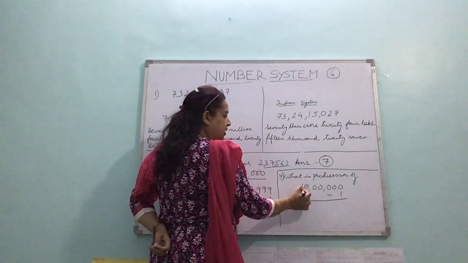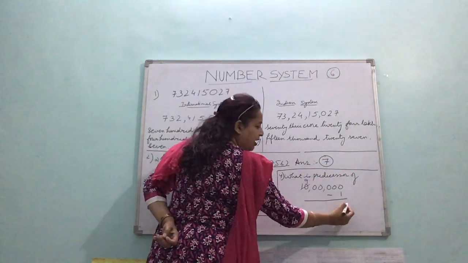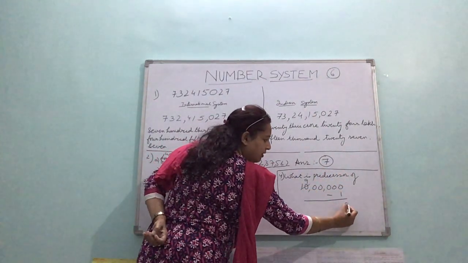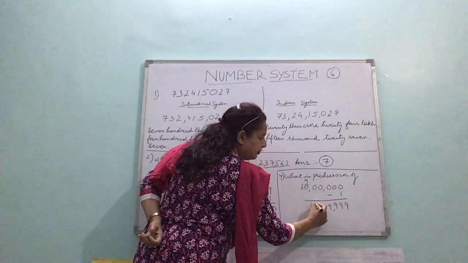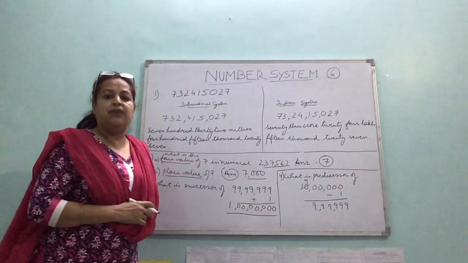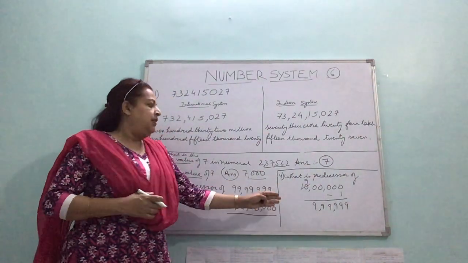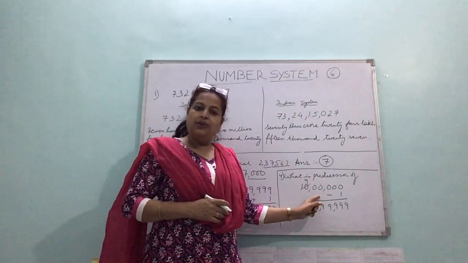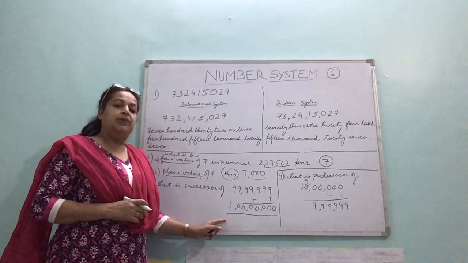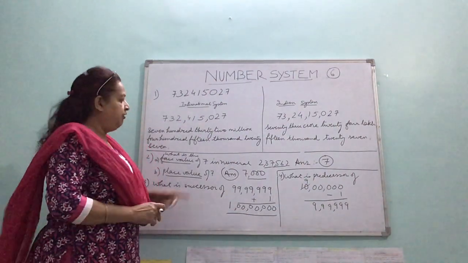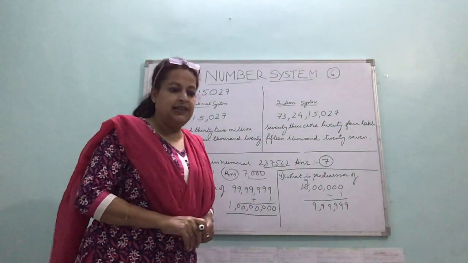So when you borrow, this would be 9 and all would be 999. So just convert all the zeros to 9 and you get the predecessor of the given number. For predecessor, always subtract 1 from the given number. For successor, add 1 to the given number. Face value, place value, international system and Indian system.